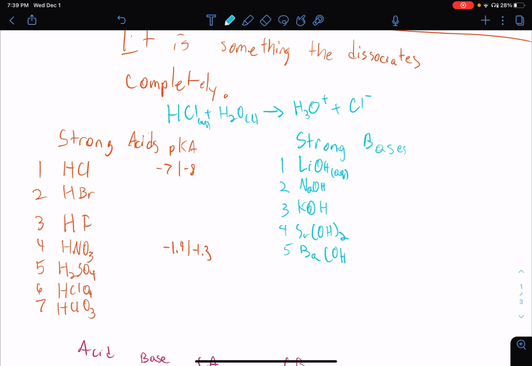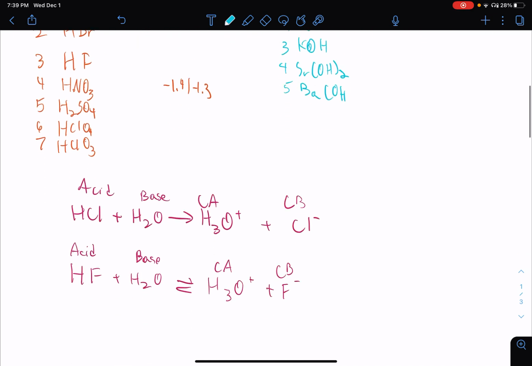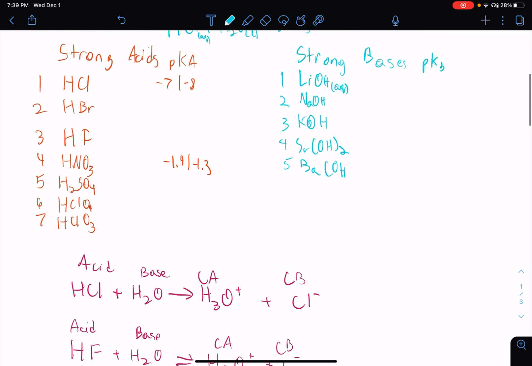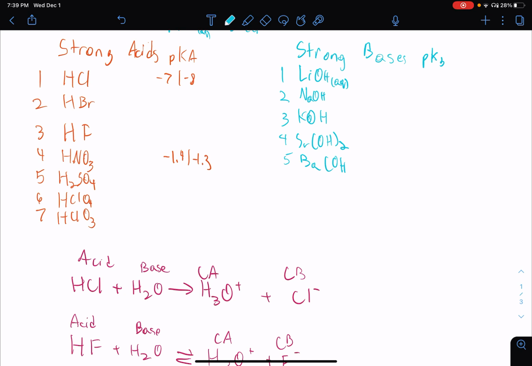But remember, your Ka or your Kb, technically for strong bases, is what dictates whether it's a strong acid or a weak acid, because the equilibrium point for the reaction is so far into the right side, so far into the product side, that it is nearly impossible to get a reasonable number for the reactants.